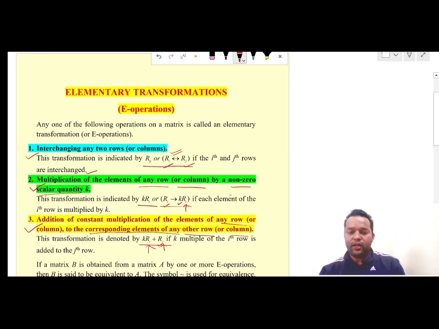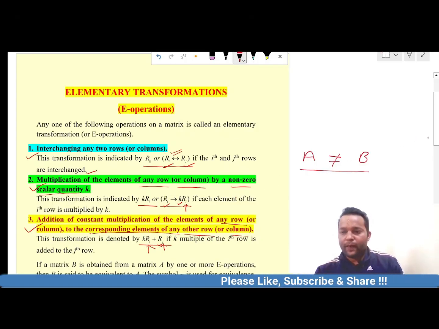If we perform any one of the elementary operations on a given matrix A, then the resulting matrix will be a matrix B, which is not equal to the initial matrix.